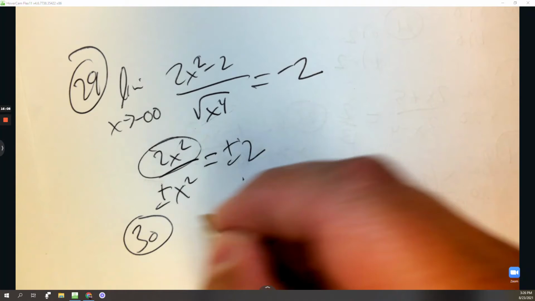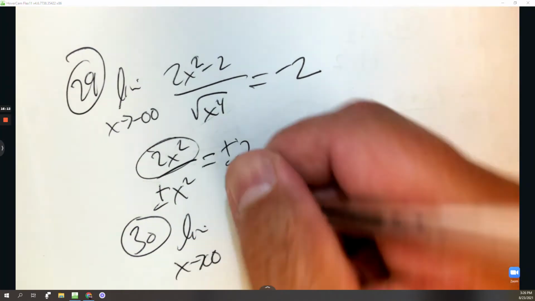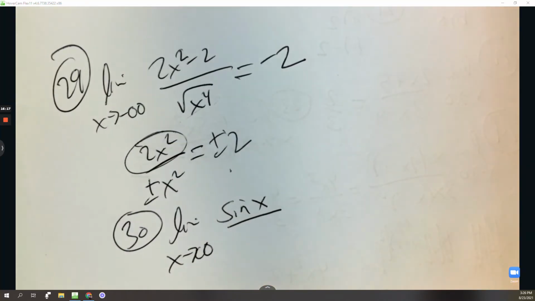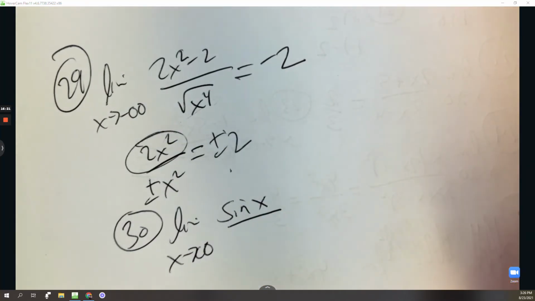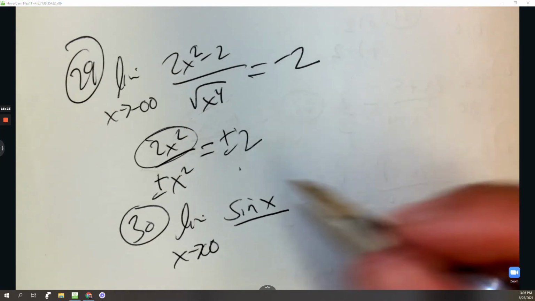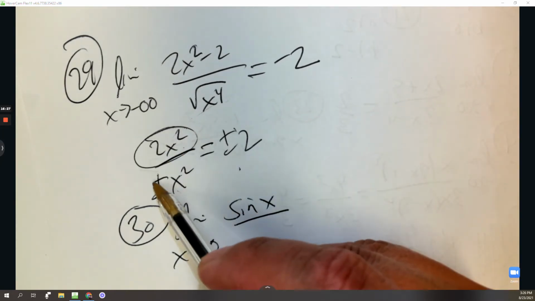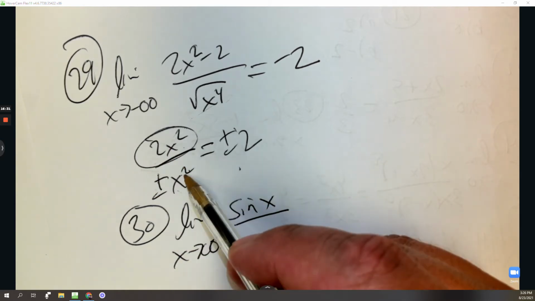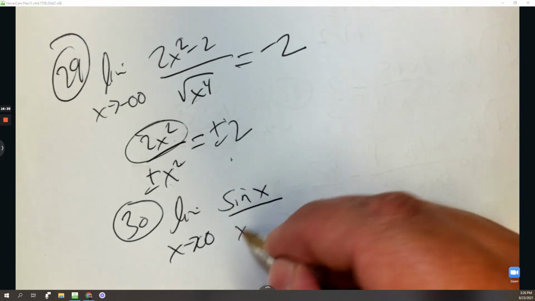30. If I put in a positive number or negative, yeah, because it's positive over a positive or positive over a negative. Okay. Sin x over x plus 1.